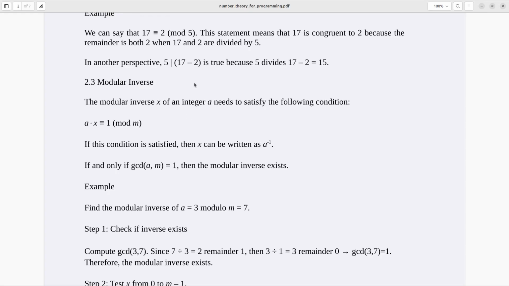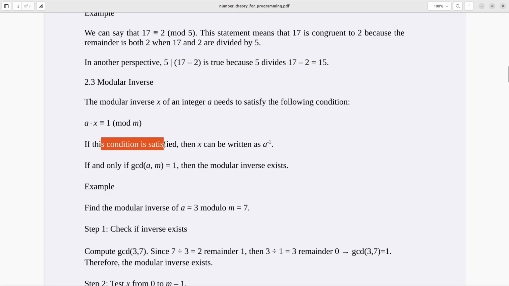And another subtopic to discuss is modular inverse. The modular inverse, called x, of an integer a needs to satisfy the following condition: a times x is congruent to 1 with modulus m. If we can find an x that satisfies this condition, we say that the modular inverse of a really exists.